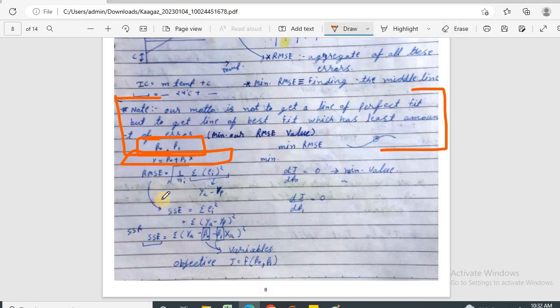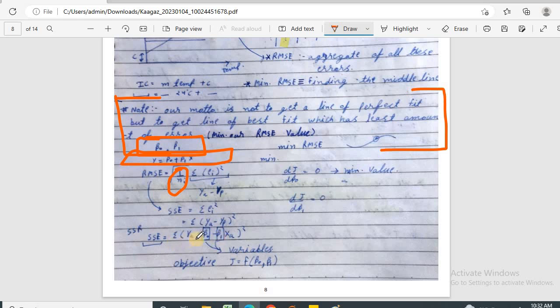Here the number of terms is constant, and the root is constant. So what is our variable? This error, y actual minus y predicted. This will be our sum squared error. Now what is error? Actual minus predicted.